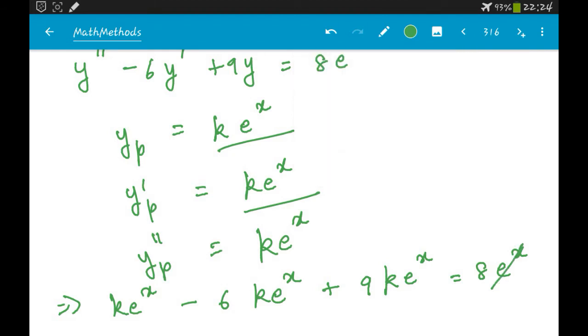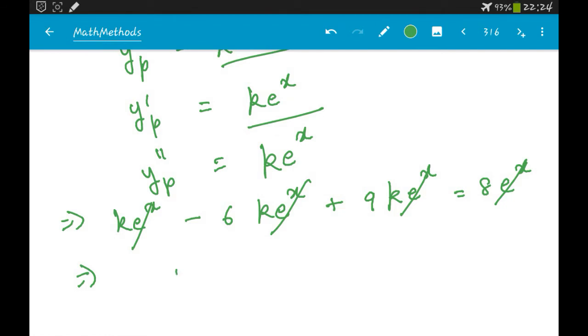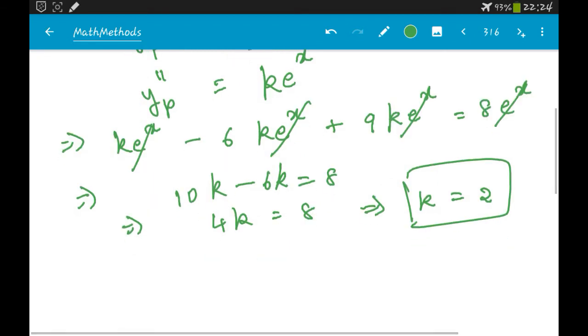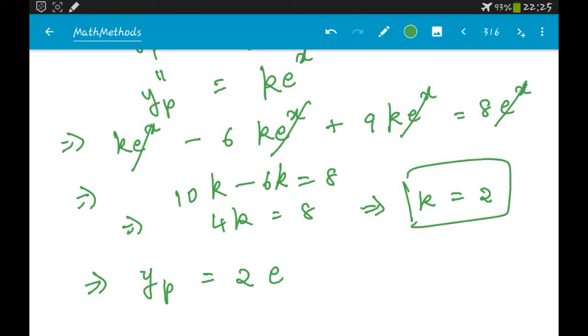So e power x gets cancelled all over, and you are left with 10k minus 6k, so 4k is equal to 8, which means k is equal to 2. So this means that yp is nothing but 2 into e power x.